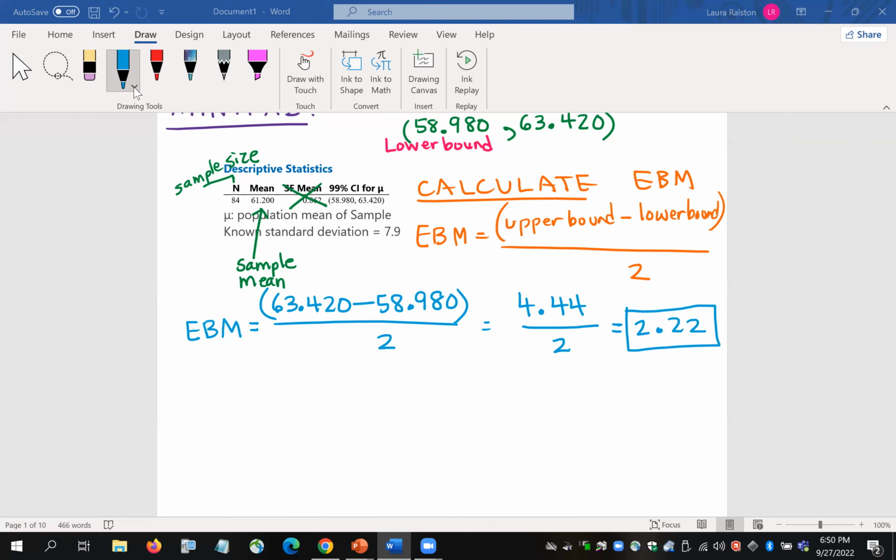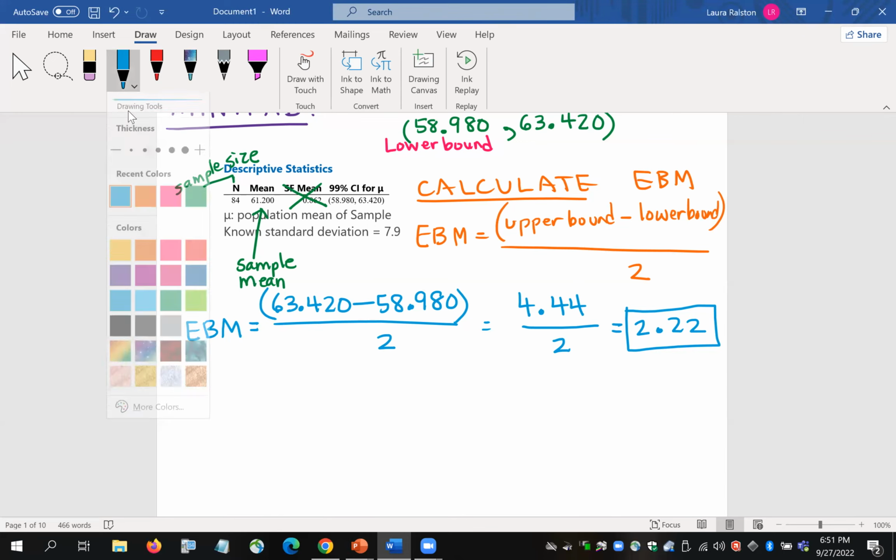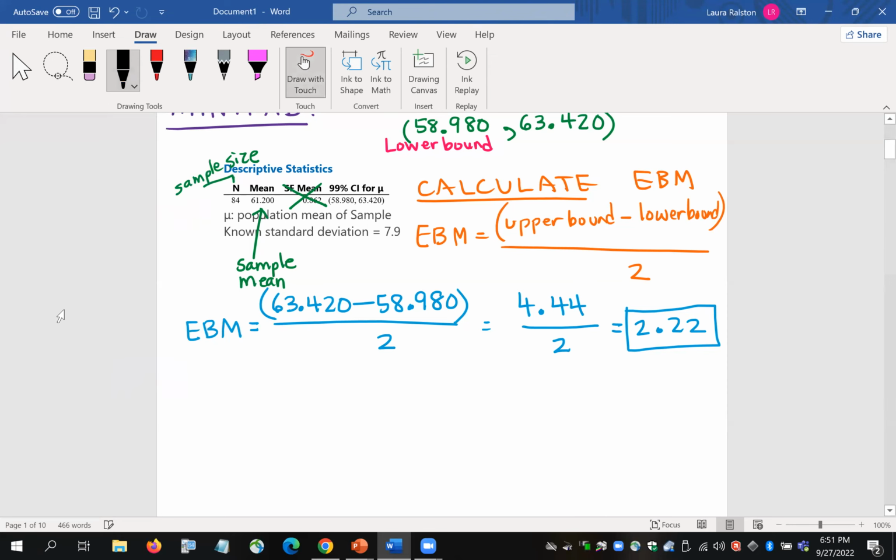Then the last step is to write the conclusion. And again, I would think it would benefit you greatly if you stick with the format that I gave you.